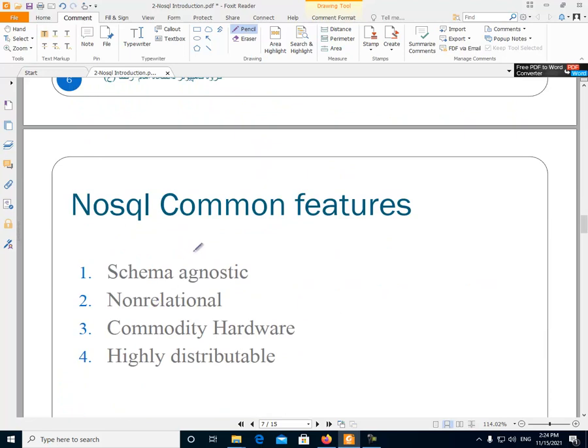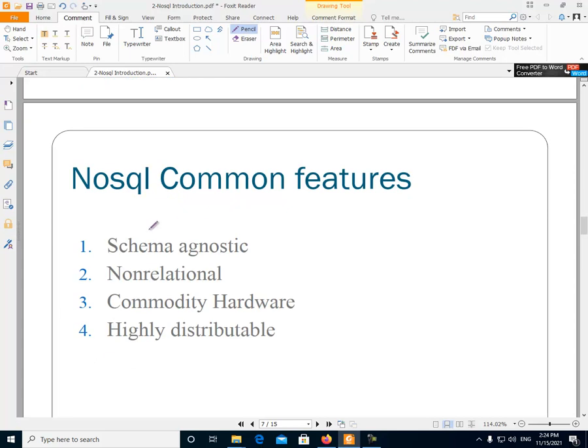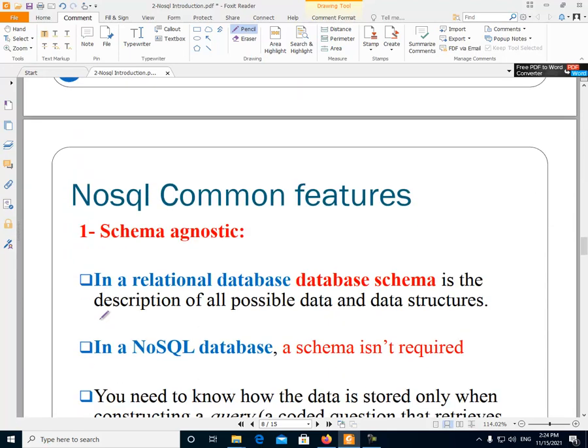Now, the NoSQL databases have some common features. These are the common features that are true in most of the NoSQL databases. The first feature is schema agnostic. Schema agnostic means that the NoSQL database doesn't have a schema. What is a schema?